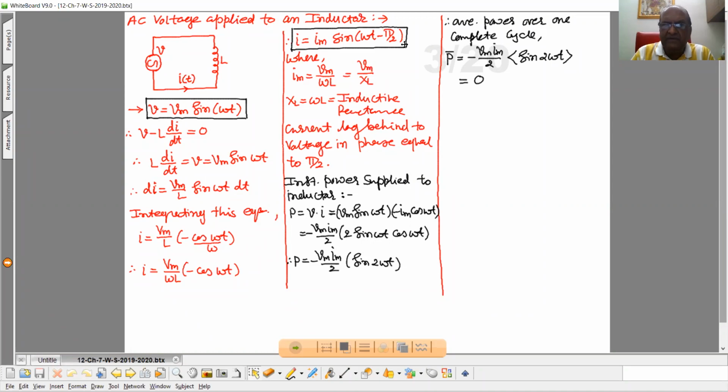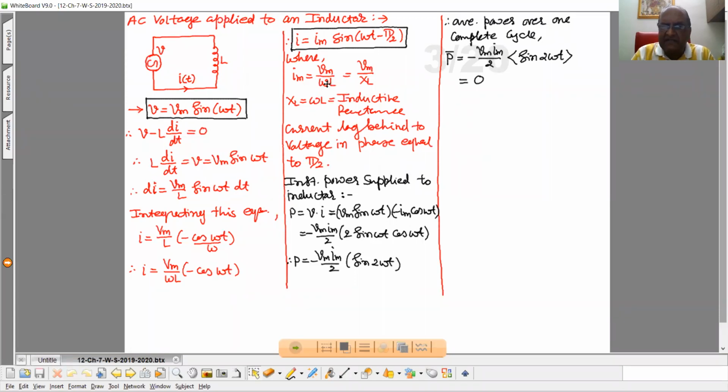Now see here, Im is Vm by omega L. Here Vm by omega L is replaced by Im, the maximum current. This is maximum voltage. Voltage divided by omega L means voltage divided by something that is equal to current.